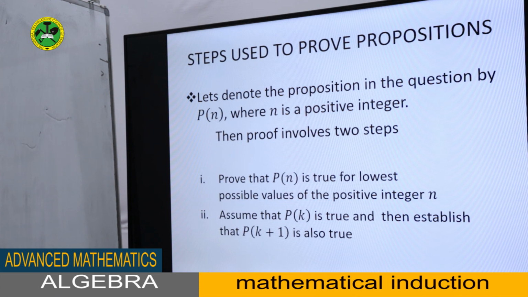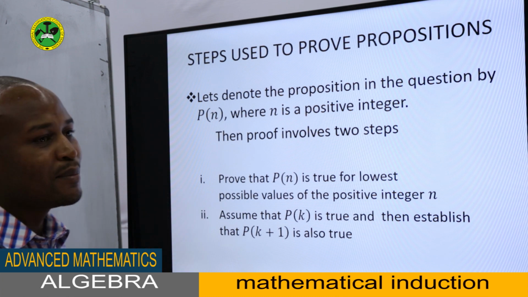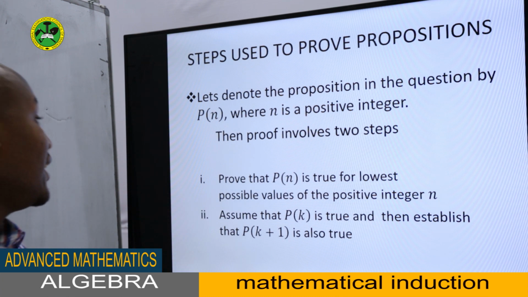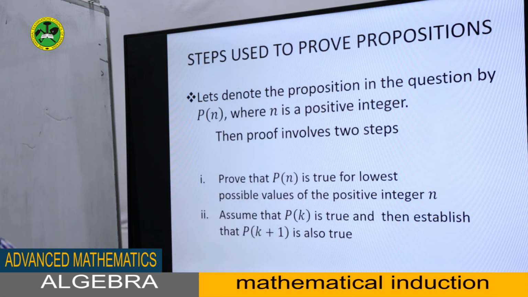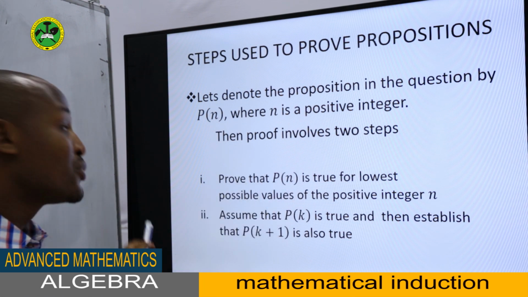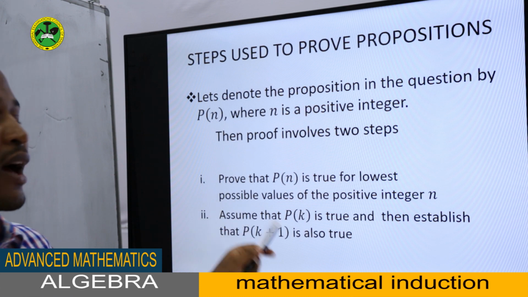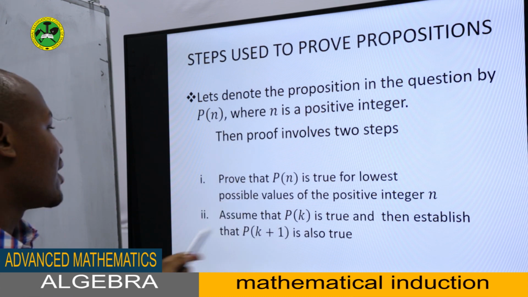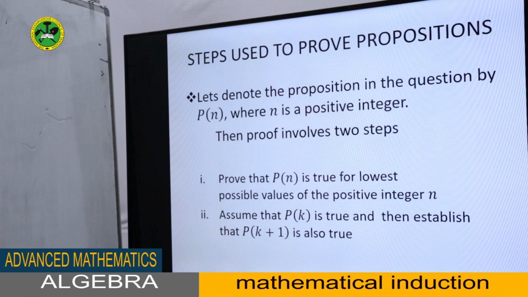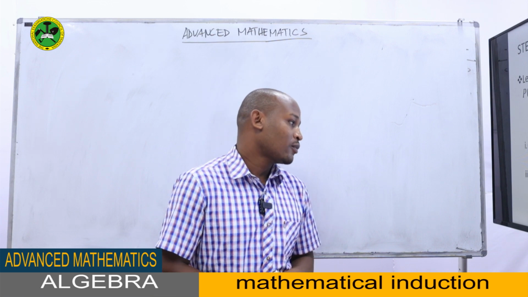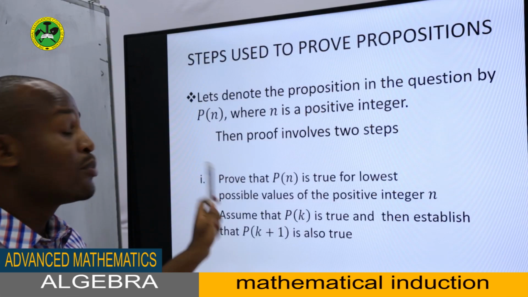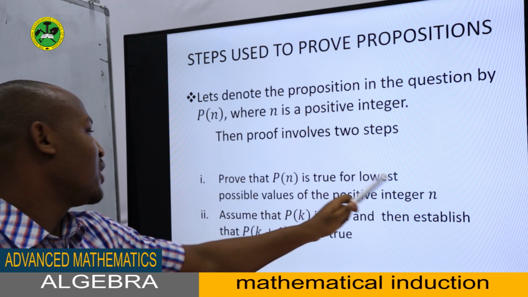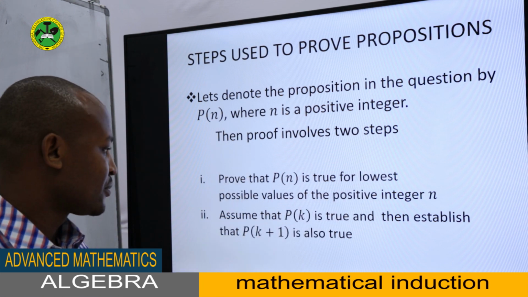Then we shall use the following two steps to prove that if the first steps are proved to be true, then it will hold true for all other natural numbers. Then that will be our proof.